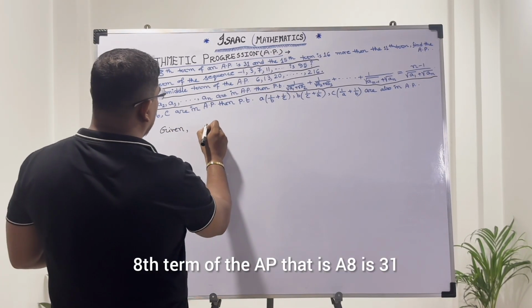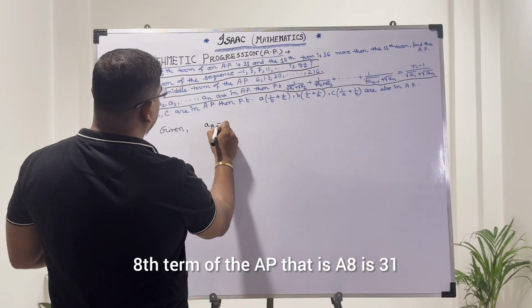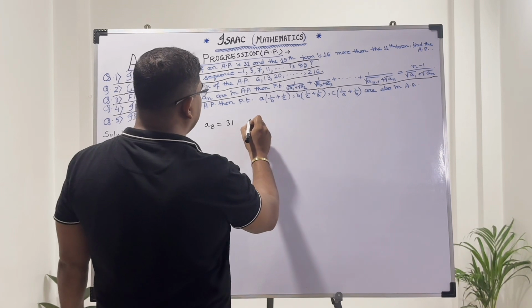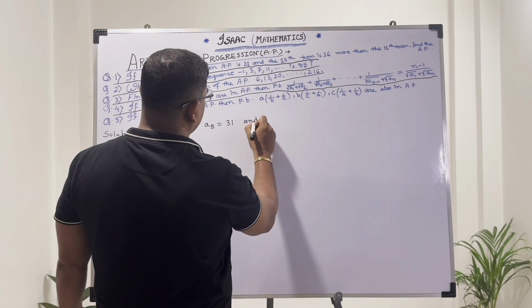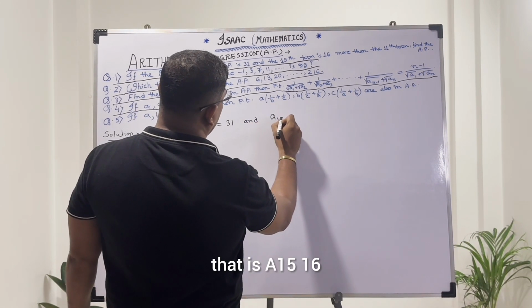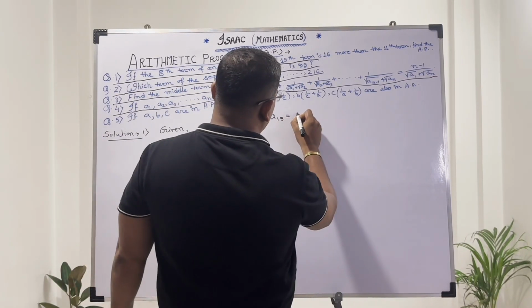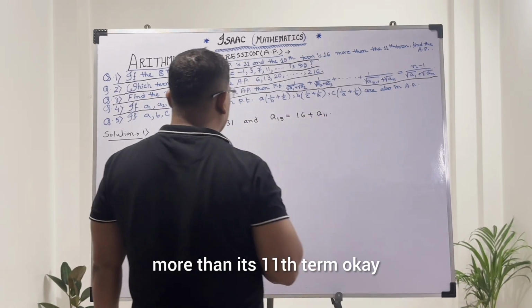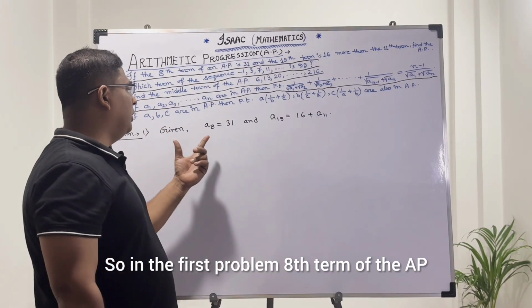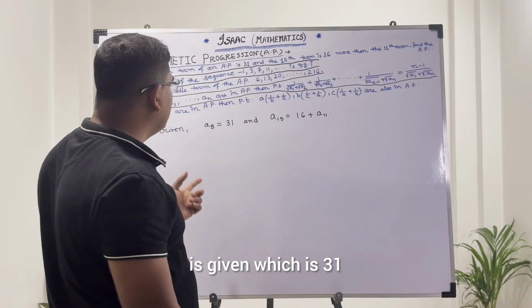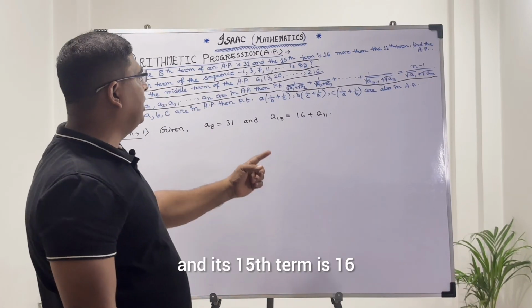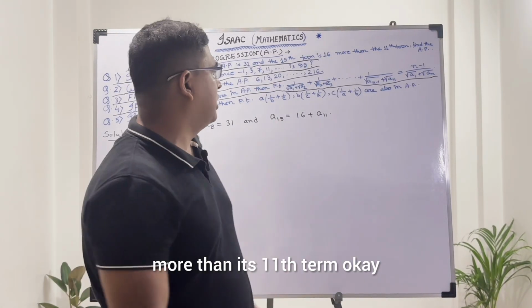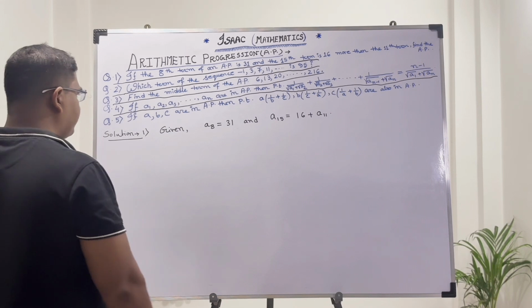8th term of the AP, that is A8, is 31 and its 15th term, that is A15, is 16 more than its 11th term. So this is the given thing.